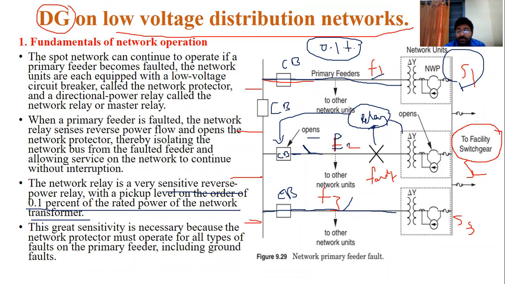You know that this is very sensitive. 0.1% is a very sensitive value. But if you decrease the sensitivity of that relay, say to 0.5%, what will happen here?